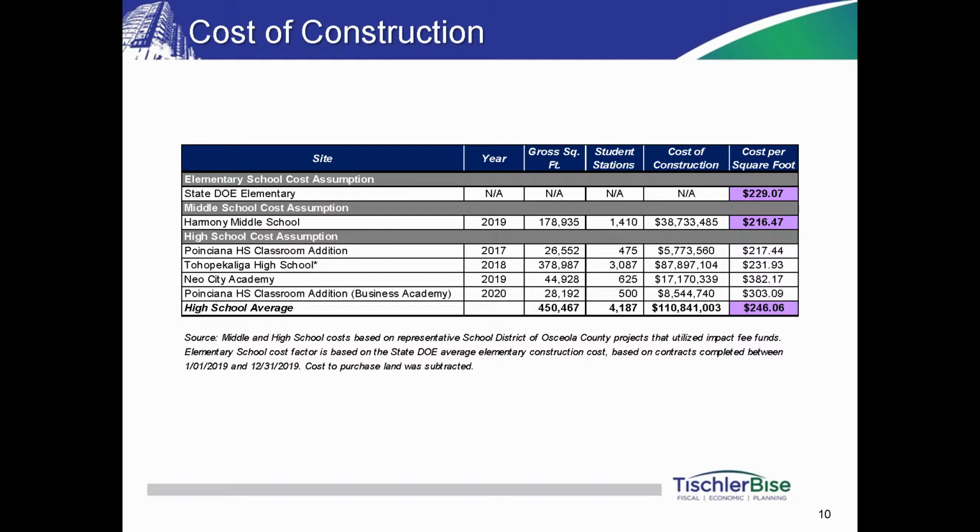For middle school, we used the recent Harmony Middle School construction, which came in at about $216 a square foot. And for high school, there were 4 different samples that we could use, and we could get a weighted cost there of about $246 per square foot.